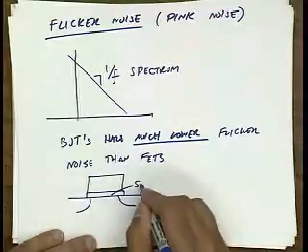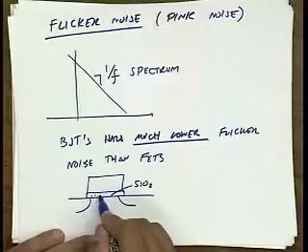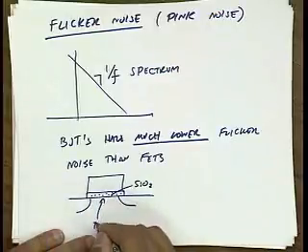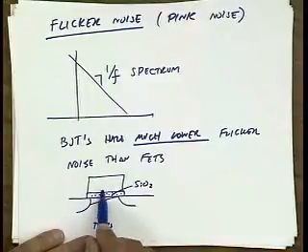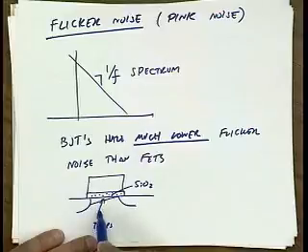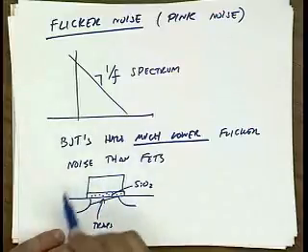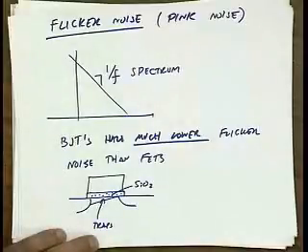So this is the oxide, and basically there's traps inside these oxides, which capture charges from the channel and release the charges back, and so therefore modulate the threshold voltage of this transistor. That generates flicker noise. So that's one mechanism for generating flicker noise.